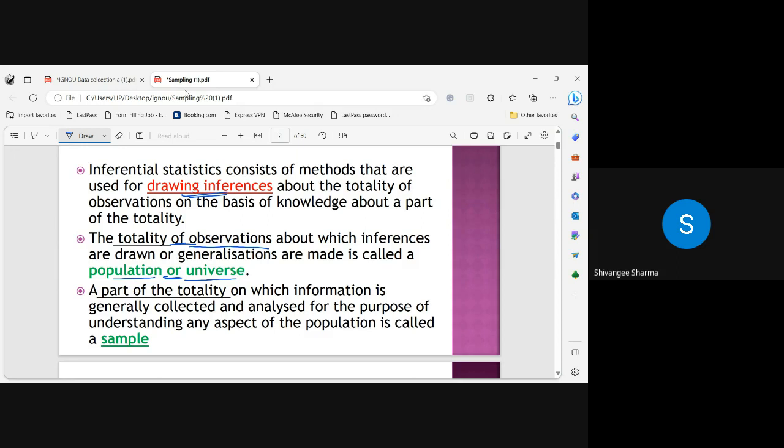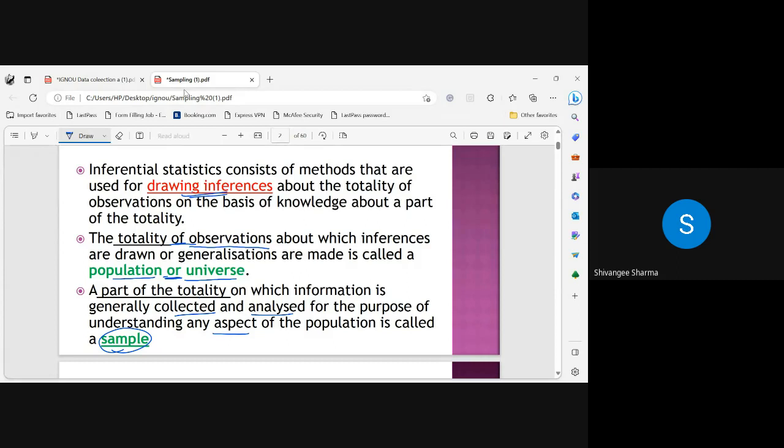Then what you do, you just study 2000 to 5000 people who consumed Vadilal vanilla ice cream. And this, what you do, like studying 2000 to 3000 people only, is a sample, right? So, a part of totality on which information is generally collected and analyzed for the purpose of understanding any aspect of population is called a sample.